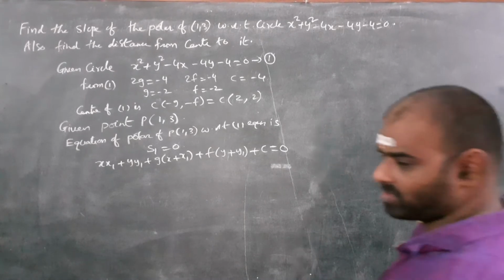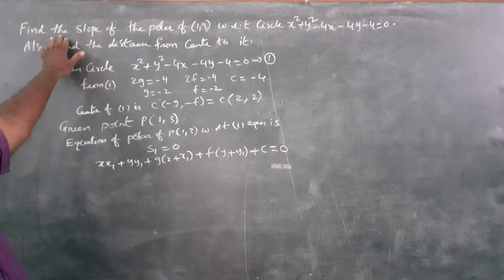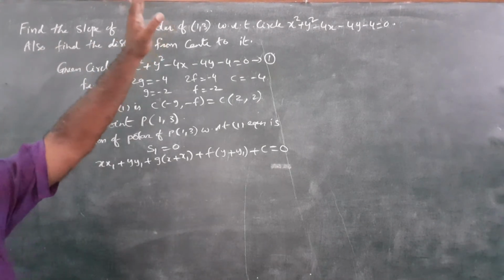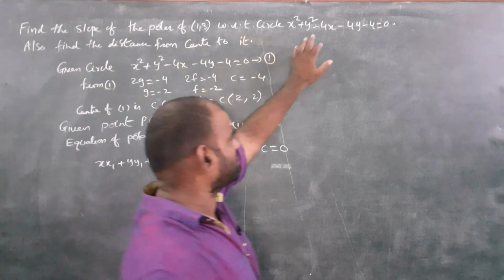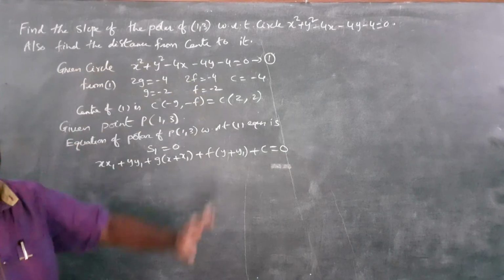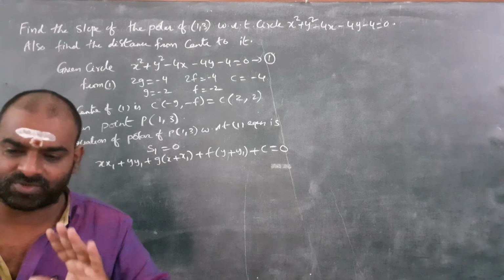So next problem, you have to observe this problem. Find the slope of polar of 1, 3 with respect to the circle. Also find the distance from center to it. Friends, in this problem there are 2 parts.